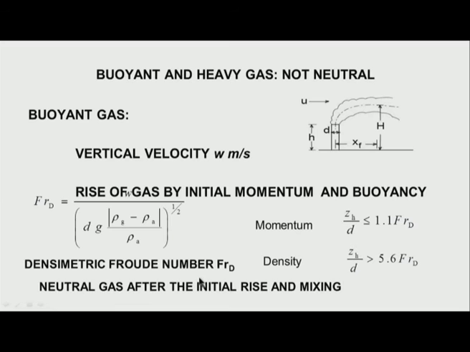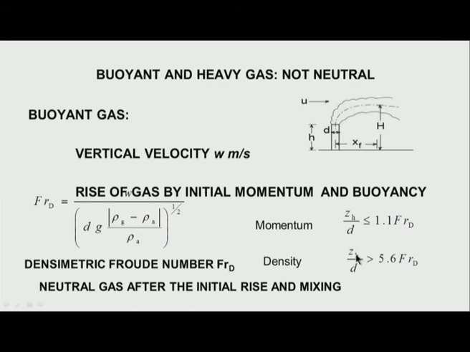we call it as densimetric Froude number, and we estimate that when I talk in terms of ZH, if I have a Froude number, if I have the height of the release given by the diameter of my particular release is equal to 1.1 Froude number, well, it is dominated by momentum.